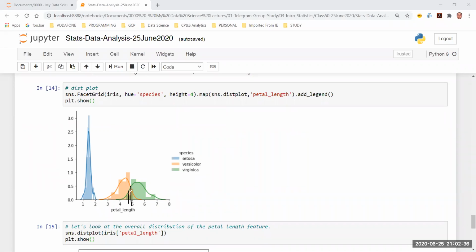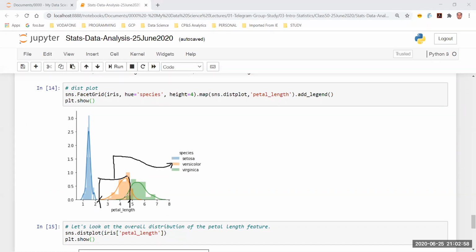But overall, I can take a range of this until this. Okay, maybe the diagram is not good. Let me just draw it once more. So let's say this. Anything in this range, something like 2.2 until 4.9, I'll simply say this has the maximum chance of being a versicolor. Why?